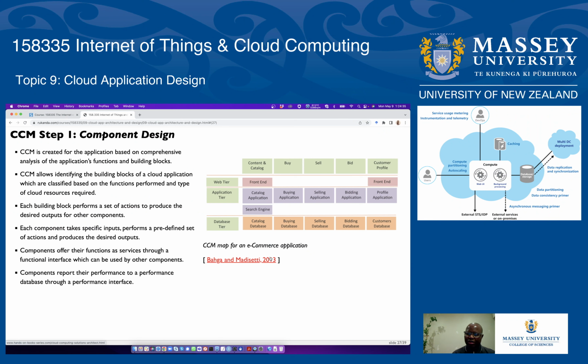Now let's start by looking at component design. This methodology was created for the application based on comprehensive analysis of the application functions and building blocks. So that's the challenge first. You have to come up with these application functions and building blocks.